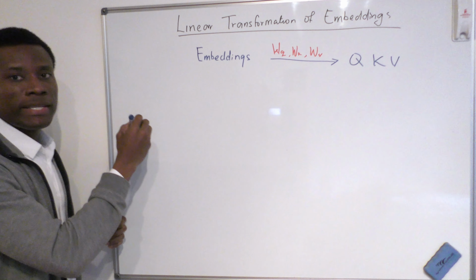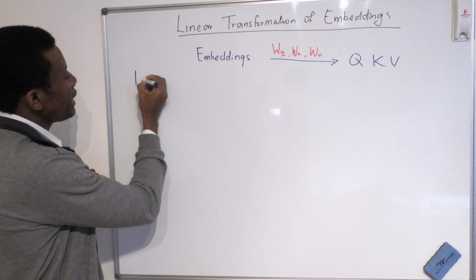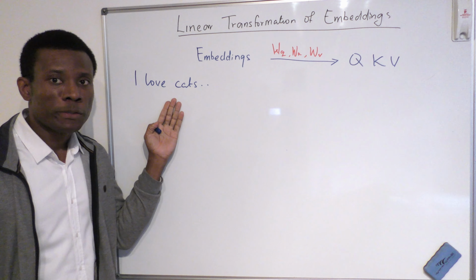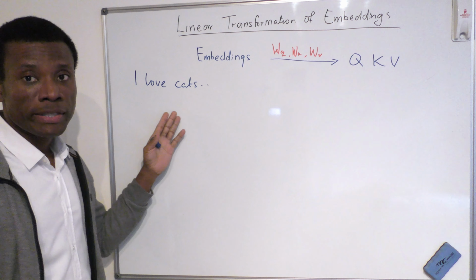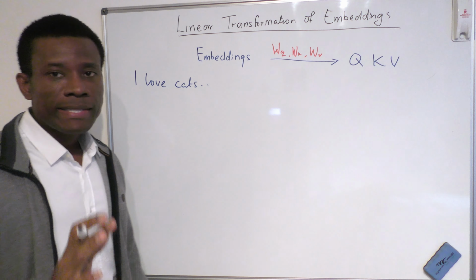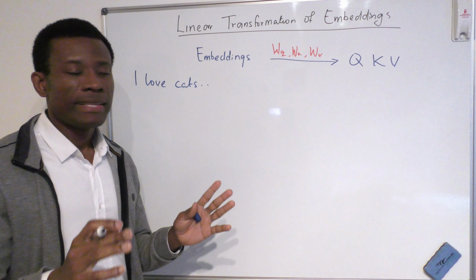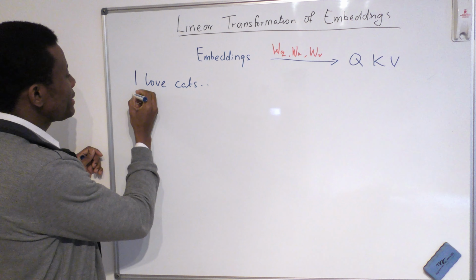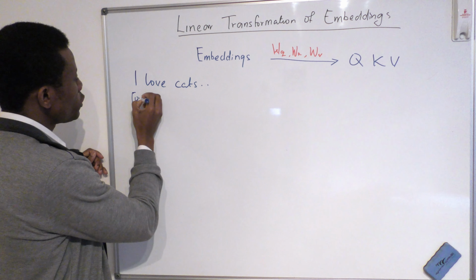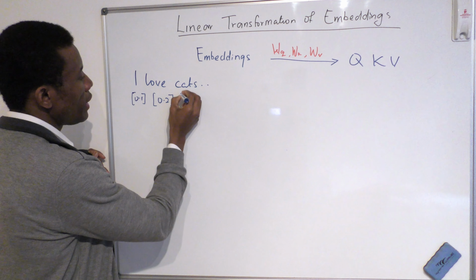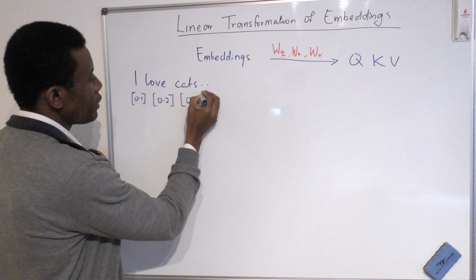So let's start with this set of tokens, I love cats. This is what I normally use in my tutorials. Also in the textbook, we have this example, I love cats. Now let's assume that this is converted into embeddings, and these embeddings are 0.1, 0.2, and 0.3.